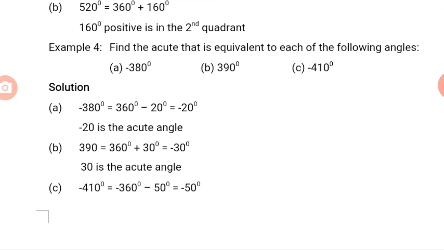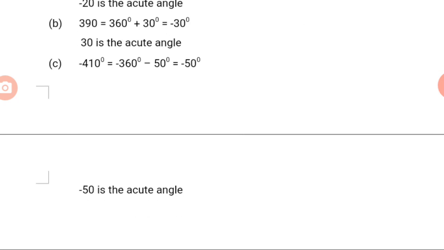So you add minus 360 and minus 50, and it will give us minus 410. That is in the negative, in clockwise direction. That is minus 50 degrees.